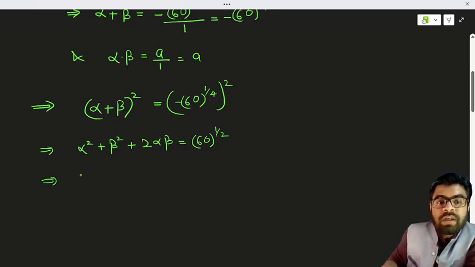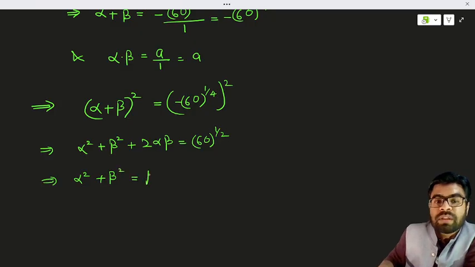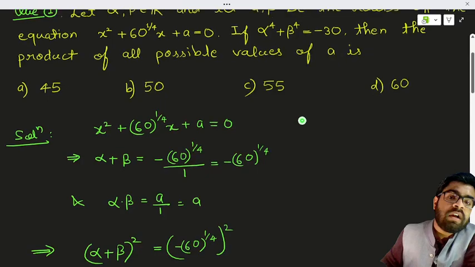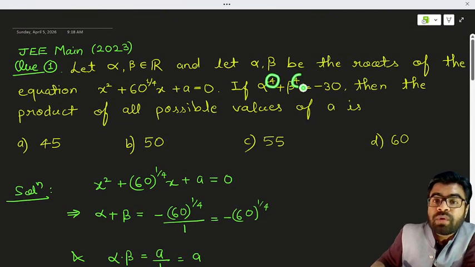So that's why we are getting alpha square plus beta square is equals to square root of 60 minus 2a.